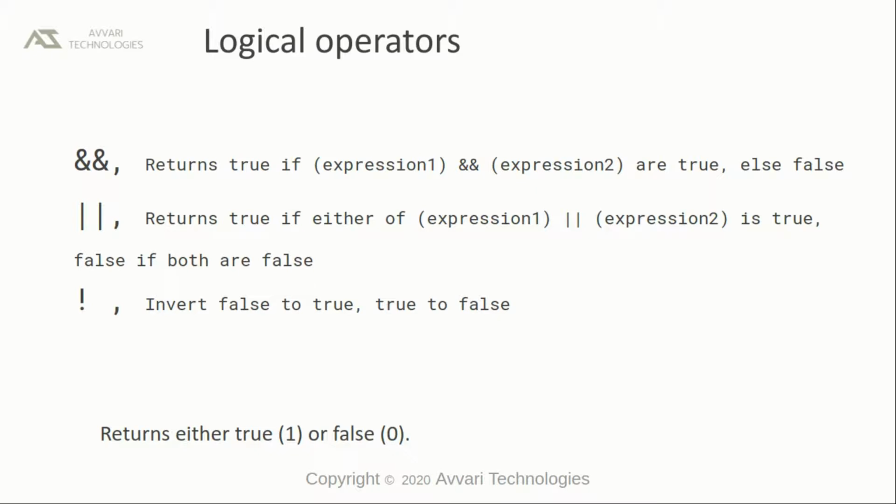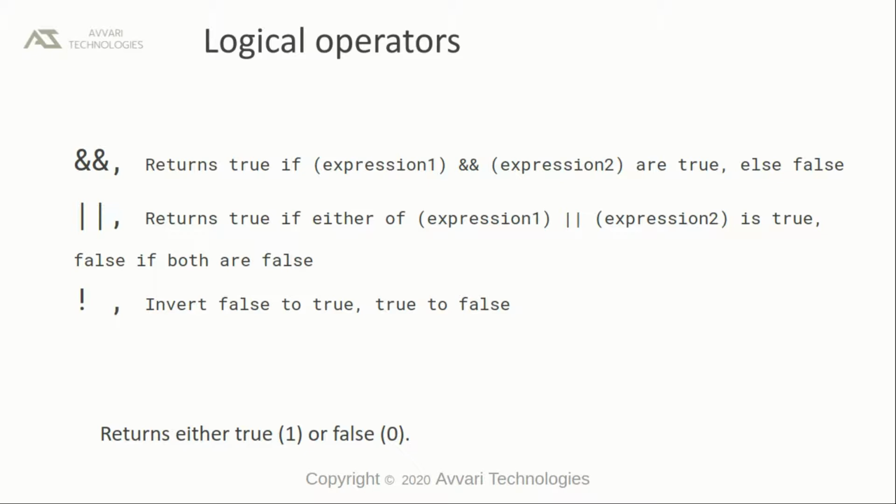Logical operators. There are 3 logical operators in C, that is logical AND, logical OR and invert. Logical AND operator returns true if expression 1 and expression 2 both are true. If either of the expressions is false, the result will be false.